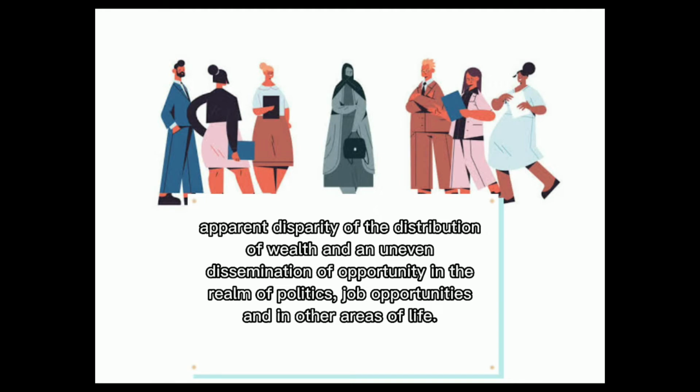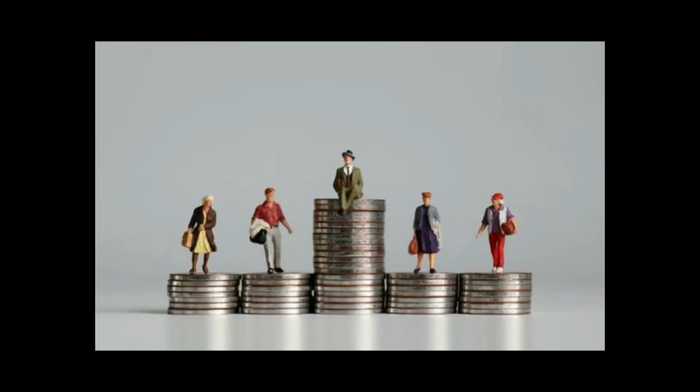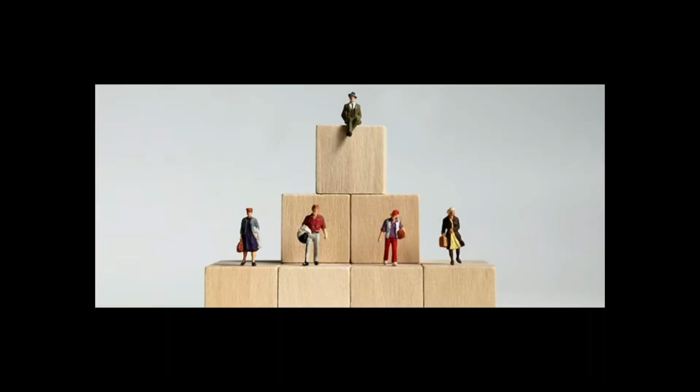In the previous lessons, we have learned that inequality in the context of social sciences is the apparent disparity of the distribution of wealth and uneven dissemination of opportunity in the realm of politics, job opportunities, and in other areas of life. This division among resources brings about issues among the classes which may lead to bigger problems. Some groups in our society enjoy greater status, power, and wealth than other groups, which resulted from social stratification.